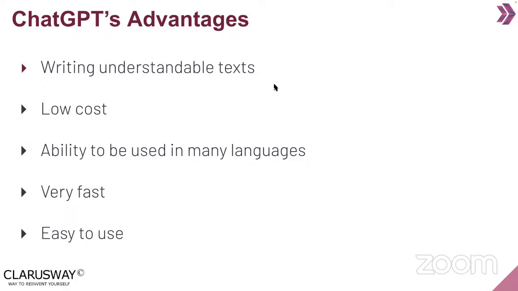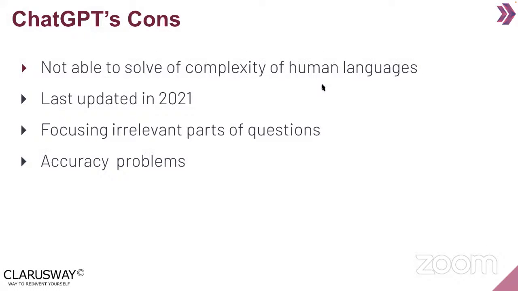Okay, beside these, we have some cons for ChatGPT. Since human languages can be very complex, and ChatGPT has no knowledge after September 2021, it sometimes finds it very difficult to handle your complexity.